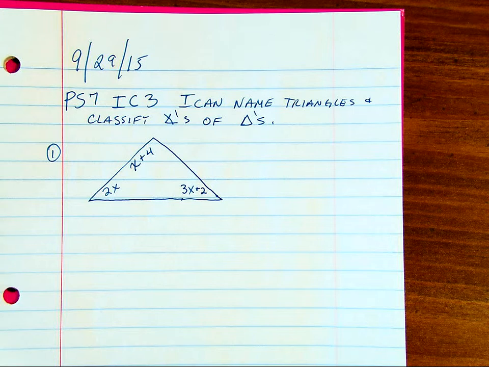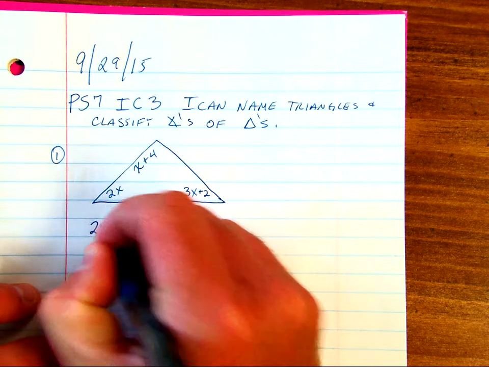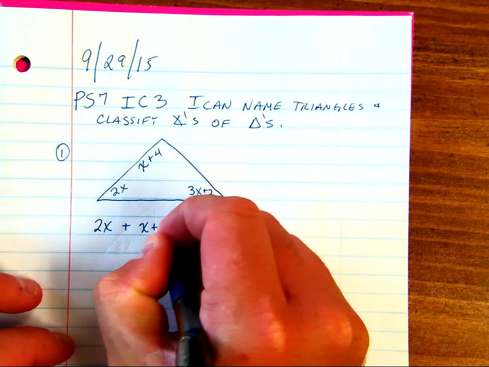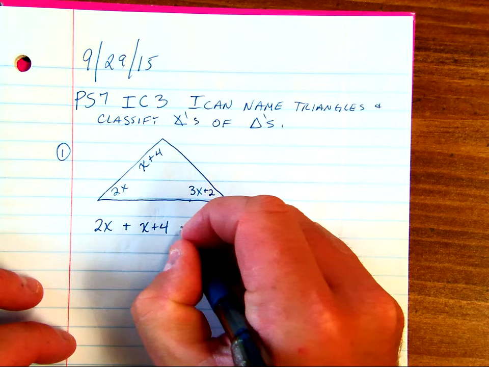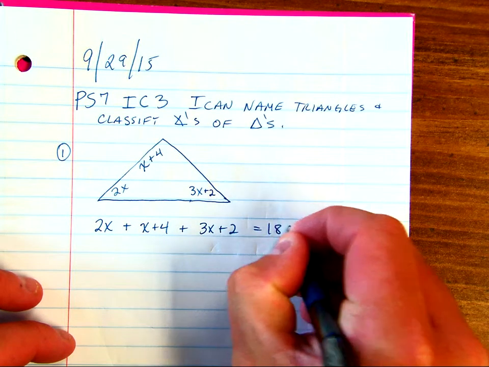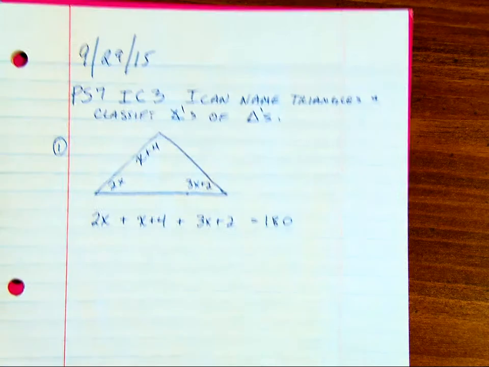So, how do we set this up? Just like we set up those problems with intersecting lines and supplementary and complementary angles. We take angle 1 plus angle 2 plus angle 3 and set it equal to 180 degrees.